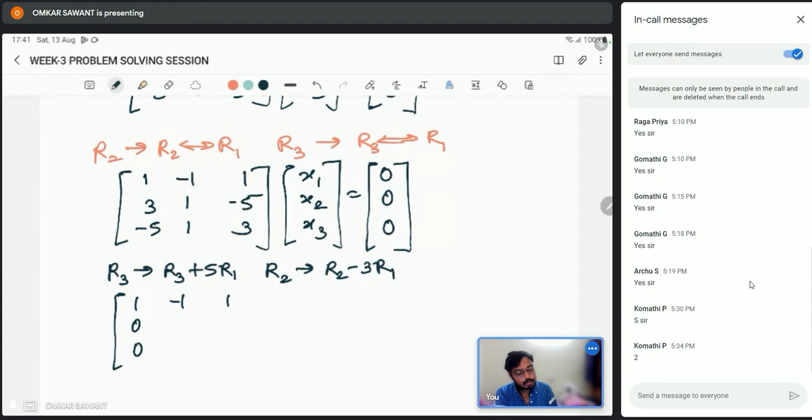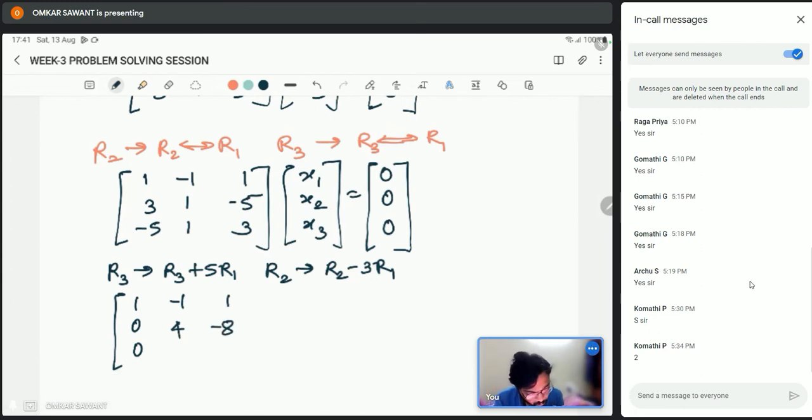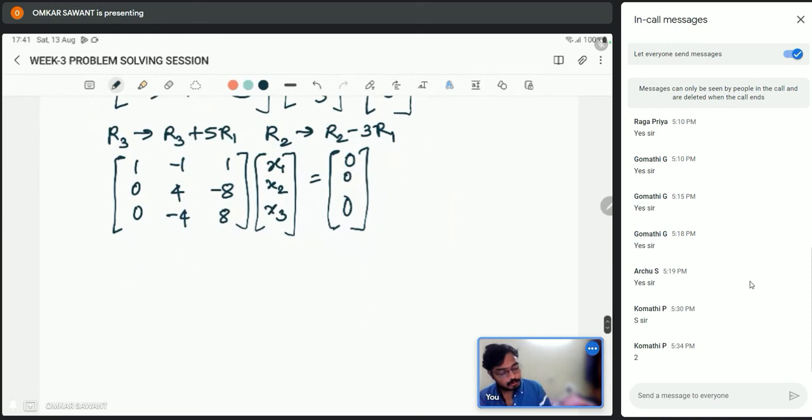R2 is minus 8, 1 minus minus 4, minus 5, minus 3 is minus 8. So 1 minus of 5 is minus 4, 3 plus 5 is 8. We'll get the echelon form.